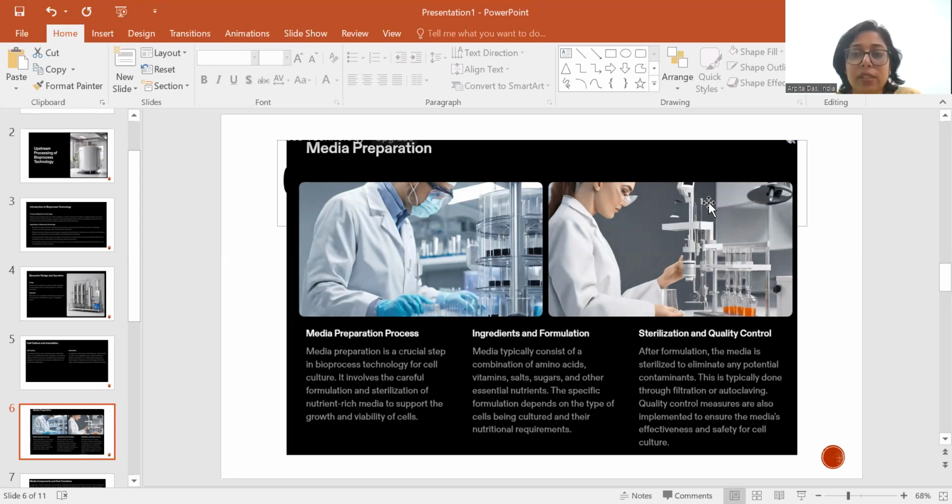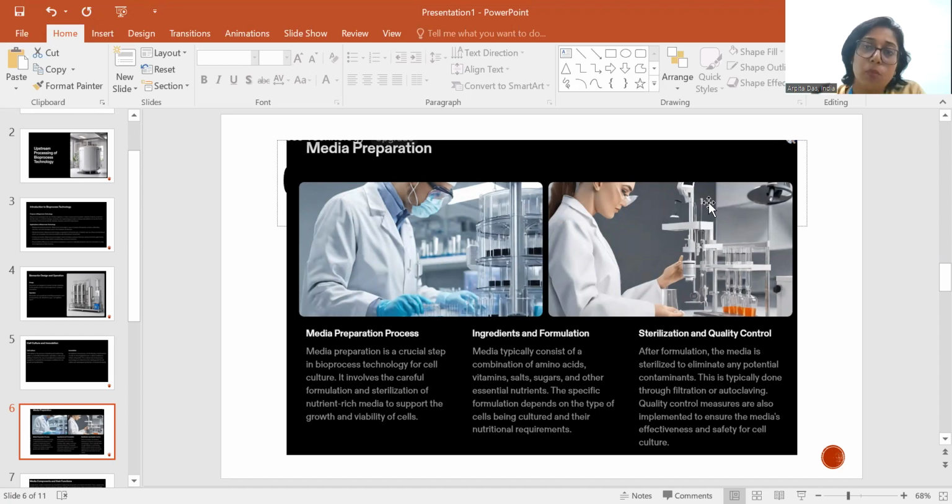Okay, so in today's session, we have discussed upstream processing, not the whole of it, but a part of upstream processing, which is known as media formulation. Media formulation or media preparation plays an important role because it is related to all the investment, and how much you invest plays an important role at the end.